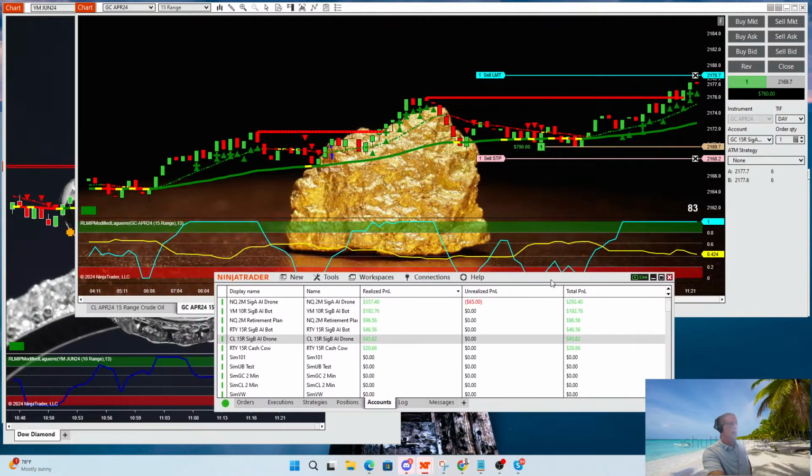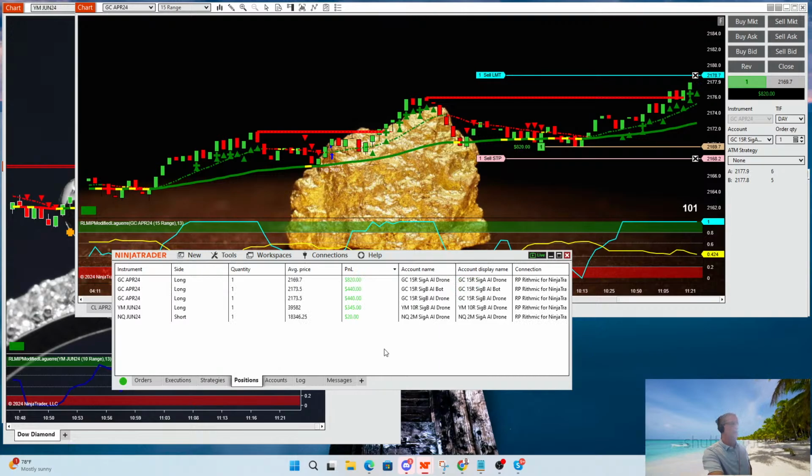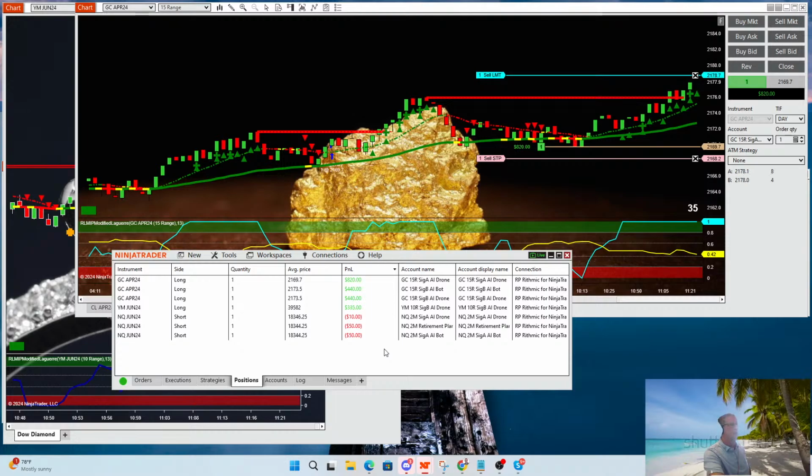So we're in a few green positions here. Gold is up 820. You can see it just inching up to my profit target. Gold really appears to be the instrument to have traded today. Looking at my open positions, they're all in big winning trades to the long side, and having that diversity of different instruments really helped us today.